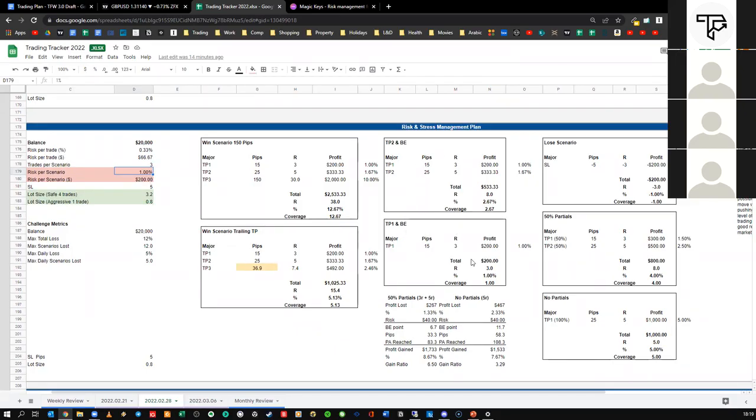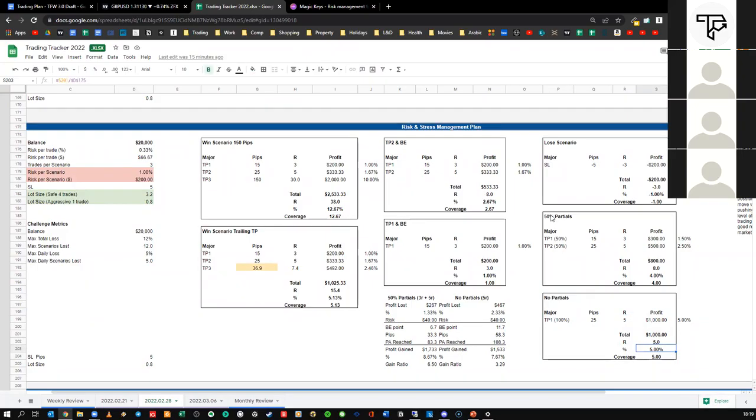In terms of actually then saying, well, what am I benefiting from? So for example, I'm risking 1%. I could cash out and just walk away from my screen, having cashed out 5%. Like in this case, if I took no partials on a 5R trade, I would make 5%.